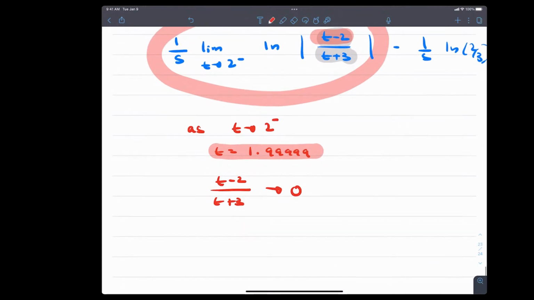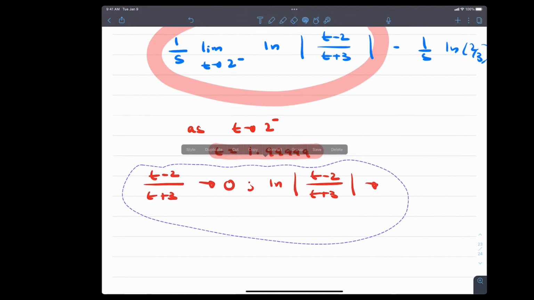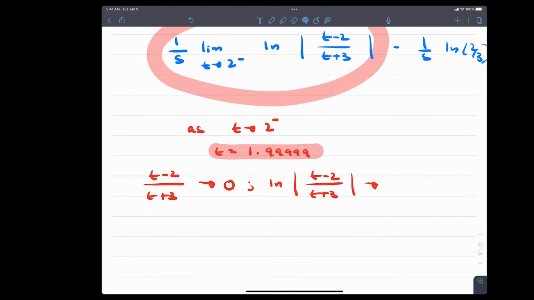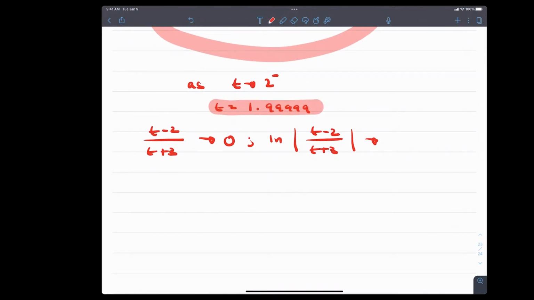Now, what comes next? What does the natural log of t minus 2 over t plus 3 go to? You want to focus now on the natural log curve. Where does it go as you approach 0? Let me get the natural log curve out. Isn't this the natural log curve?